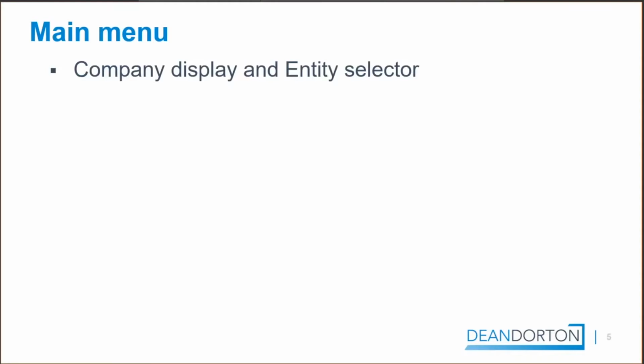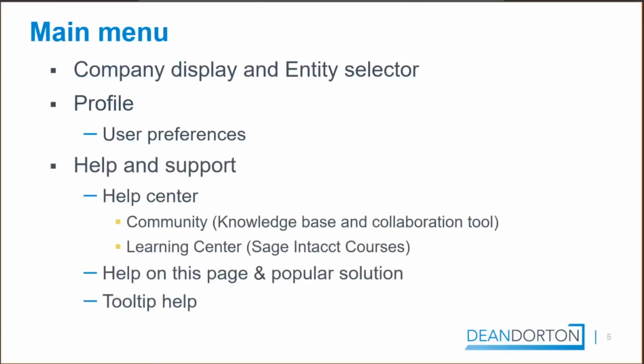If you're working in a multi-entity environment, this is where you're going to be able to switch between entities. The main menu will also jump into user preferences a little bit, and later on, we'll talk about some of the settings that are hopefully going to help with some efficiencies. Within the main menu, we'll also talk about how to get to help and support and navigate through that as well.